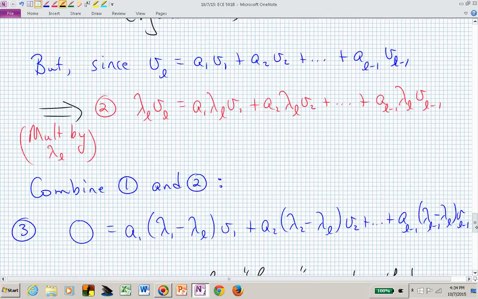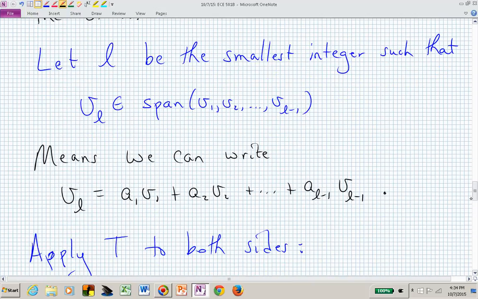V sub l was some linear combination of the earlier v's, but we use those a's to make that combination. Well, if all of those a's are 0, what do we know about v sub l? If a1, a2 through a sub l minus 1 are all 0, what does that give us for v sub l? 0.